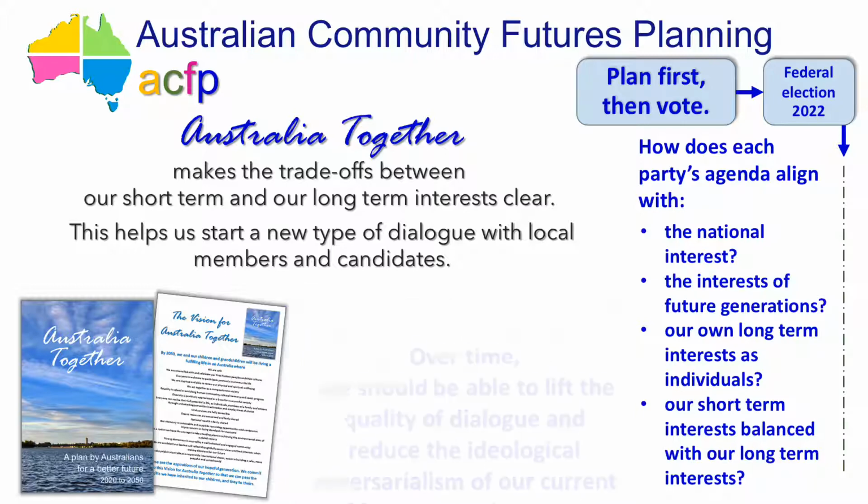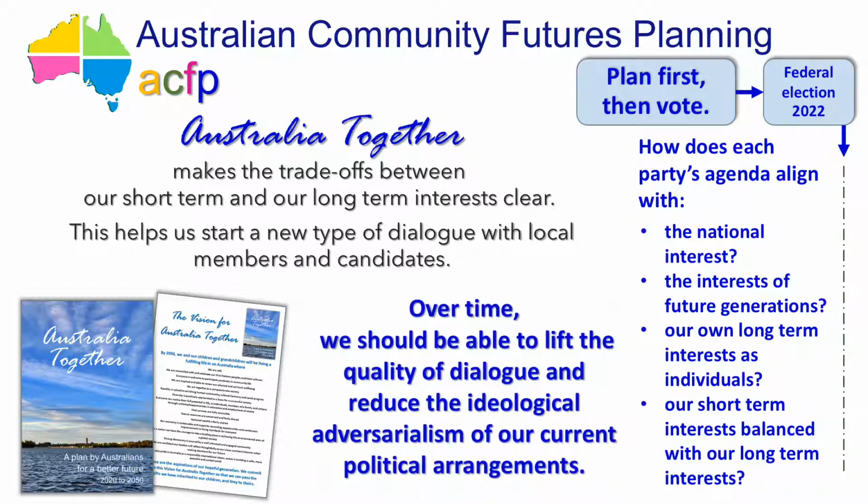Over time, we should be able to lift the quality of dialogue and reduce the ideological adversarialism of our current political arrangements. One of the great advantages of National IP&R, plans like Australia Together and end-of-term reports, is they give us countless opportunities to improve the quality of our communications and relationships with elected leaders over time. They can help us all hear each other.